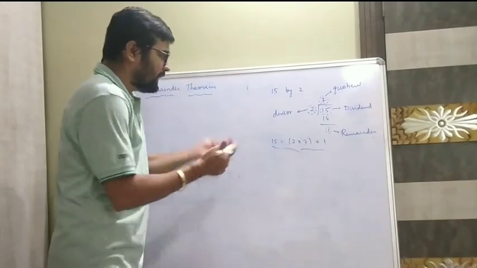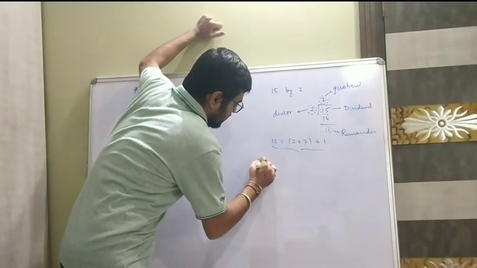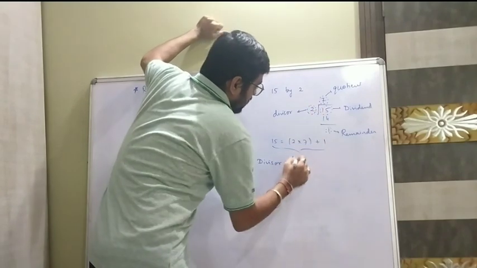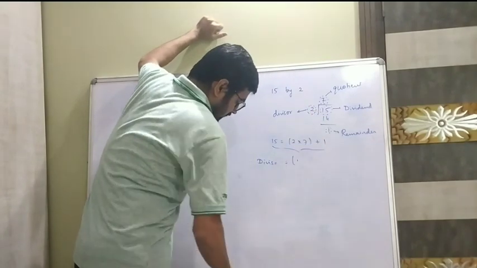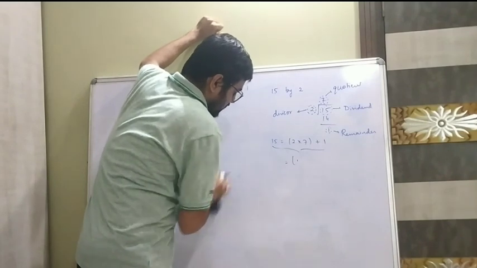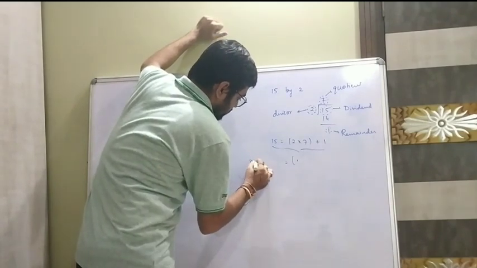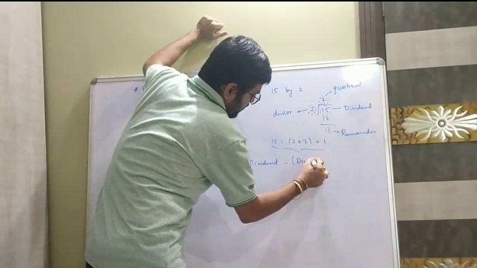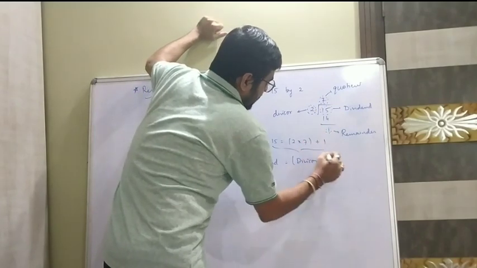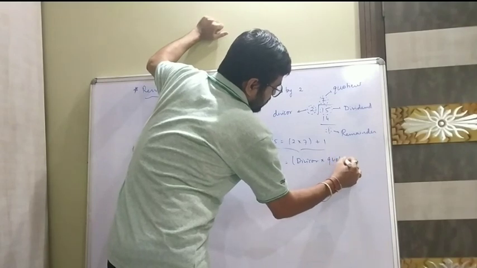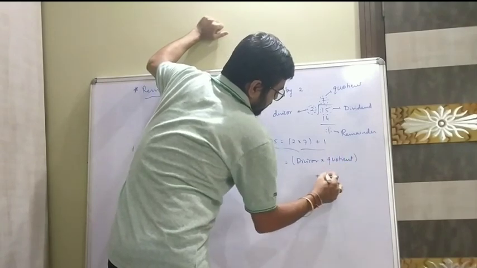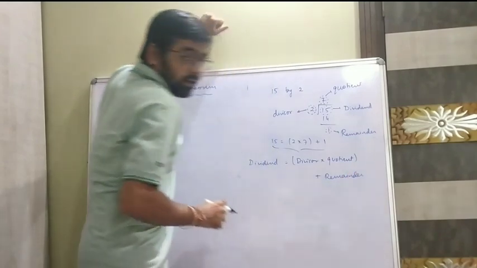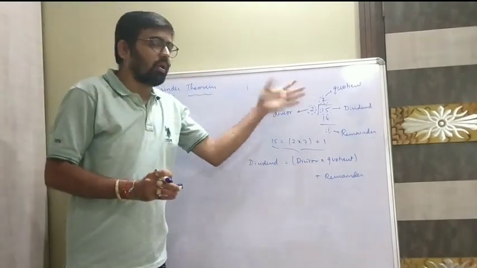Can I depict it like this: dividend, my bad, not divisor. Dividend is equal to divisor into 7, which is the quotient, plus remainder.